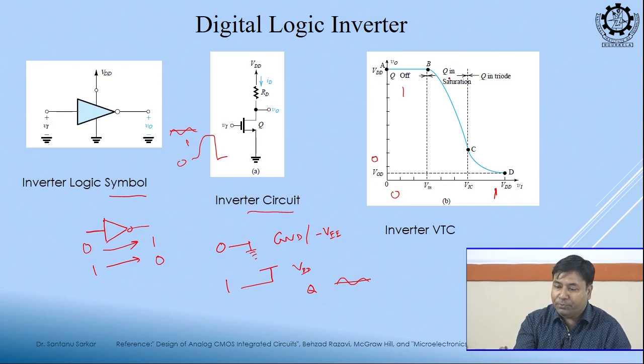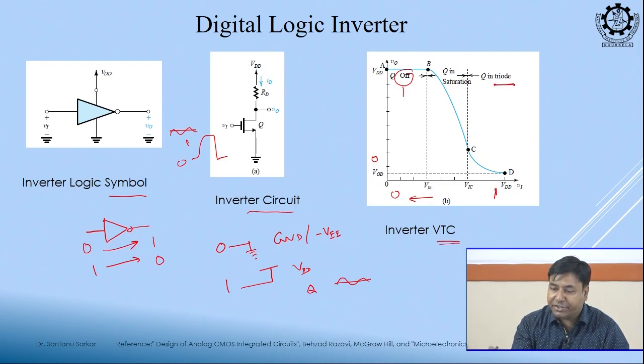Okay. So, if we plot the VTC, voltage transfer characteristics, it will look like this. You see, when input is less than VTH, what will be my MOS Q in which region? Off region. And when my input VGS is very high and VDS is low, it will be in which region?